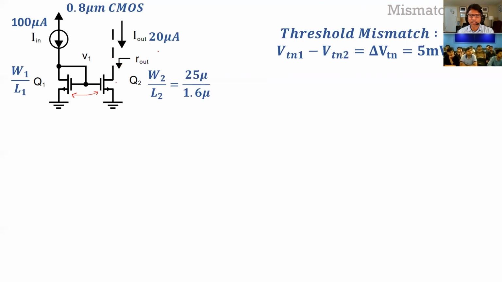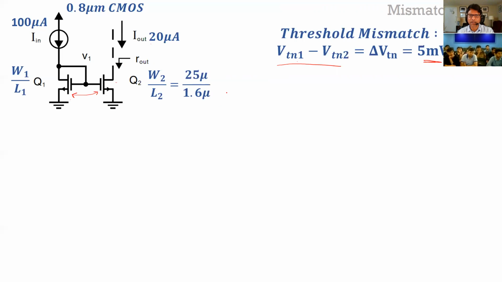Now, when you have a mismatch, for example, let's say the difference between threshold voltage, that is VTN1 minus VTN2, is 5 millivolts. Doesn't matter which is higher, which is lower. I mean, obviously, in one case you'll get a current higher and in the other lower, but the difference is 5 millivolts.